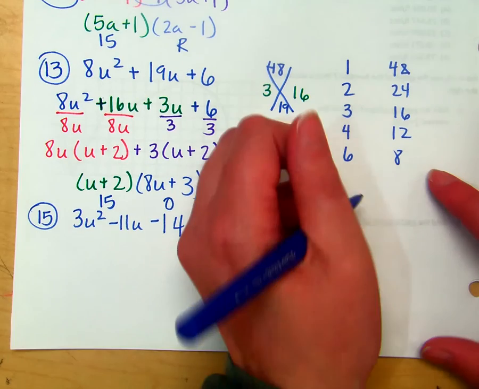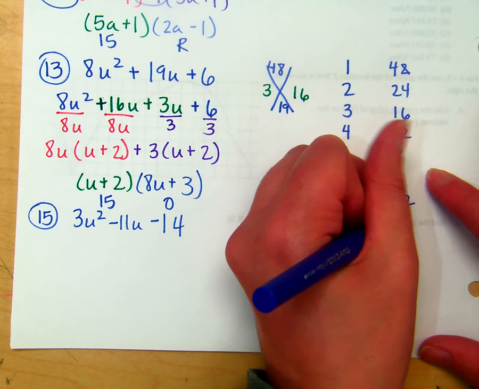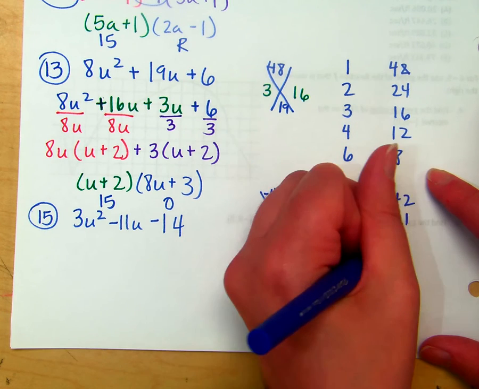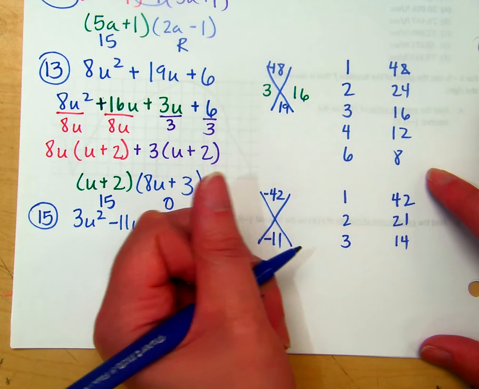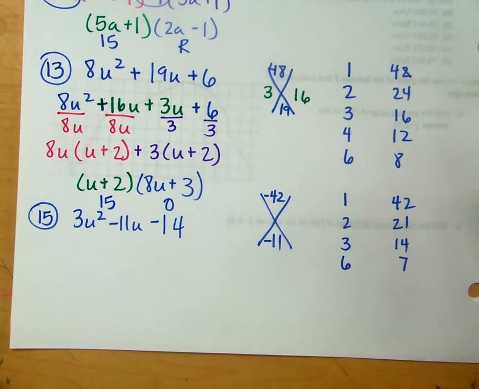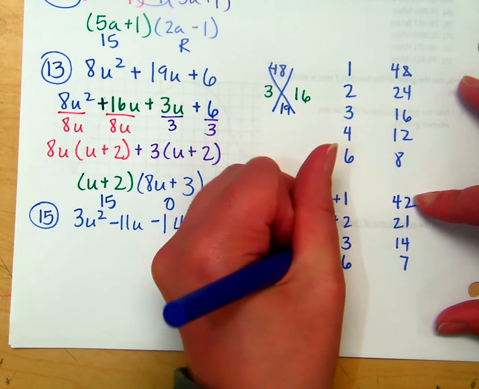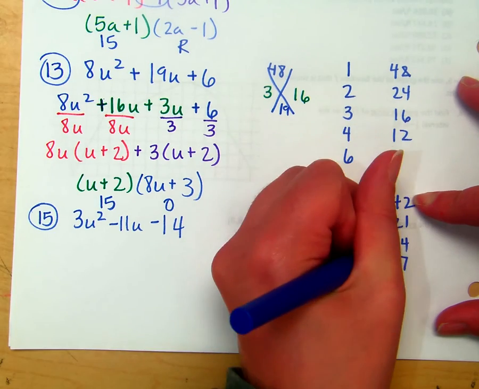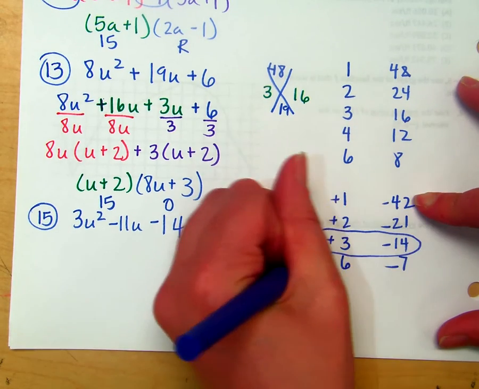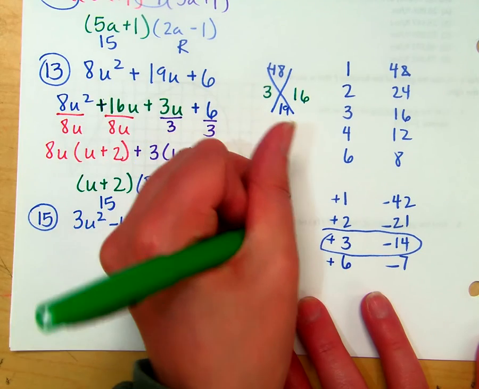Just like 48, 42 has a lot of factors. 1 and 42, 2 and 21, 3 and 14, 6 and 7. So if I'm multiplying to get a negative and adding to get a negative, I want the small number to be positive and the large number to be negative. So that ends up being 3 and negative 14.